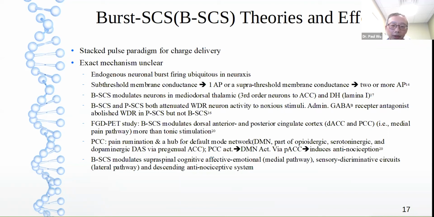It can cause a single action potential, or with increasing amplitude, it can be two or more action potentials. The burst stimulation modulates neurons in the medial dorsal thalamic nuclei, which actually project to the anterior cingulate cortex as well as the dorsal horn.